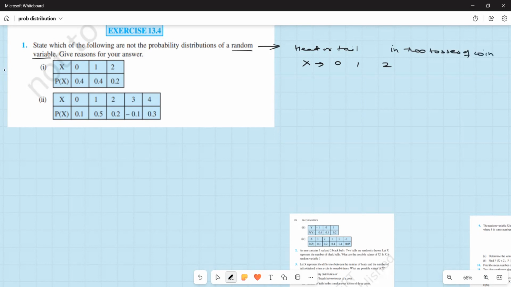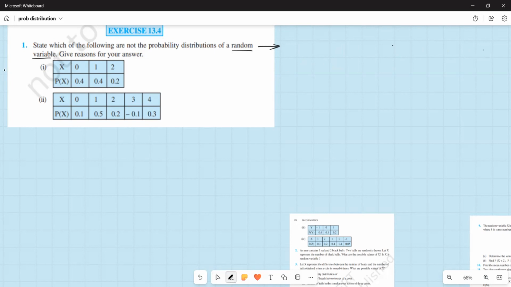It can be number of heads or number of tails. So either no head, one head or two heads, or no tail, one tail or two tails. If it is three tosses, then it will be 0, 1, 2 and 3. If it is four tosses, the number of heads can be no head, one, two, three or four heads. Right? So this is the random variable.